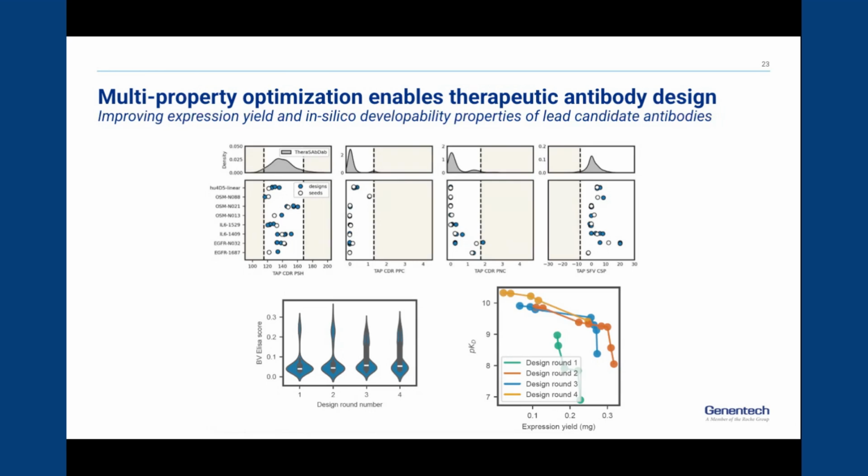And then we can look at the statistics, basically how far away in the distribution are our designs versus, let's say, therapeutic antibodies. And here, again, the plot on the top is showing exactly that for the majority of our designs, we are in the right range for therapeutic antibodies.